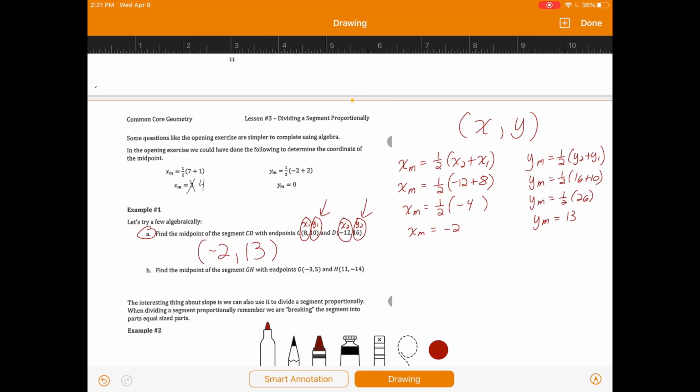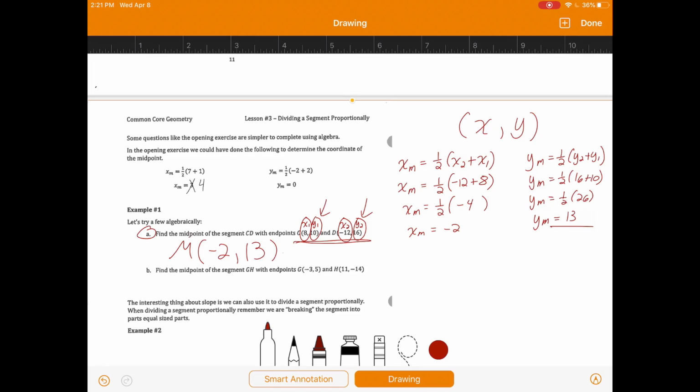Plug in the numbers, you get 13 as your final answer. So that means 13 is the y value for the midpoint. So our midpoint is negative 2, 13. And if you wanted to try that out on a graph, you'd see that it's going to fall right in between these 2 points.